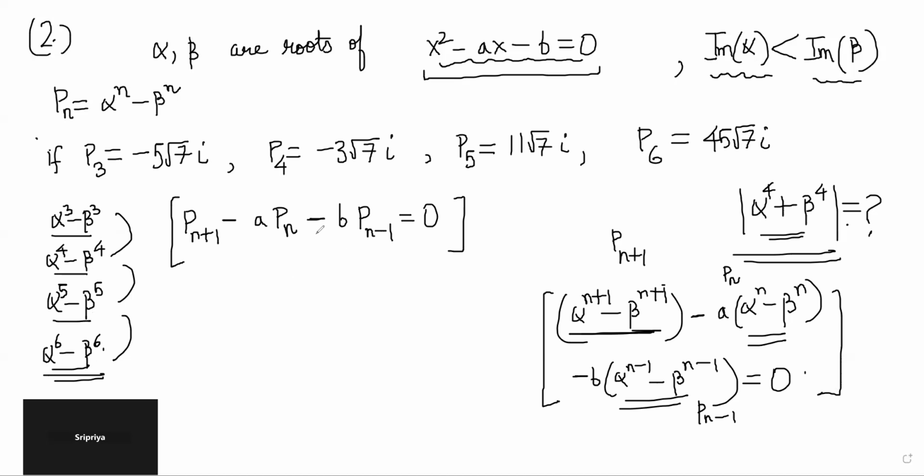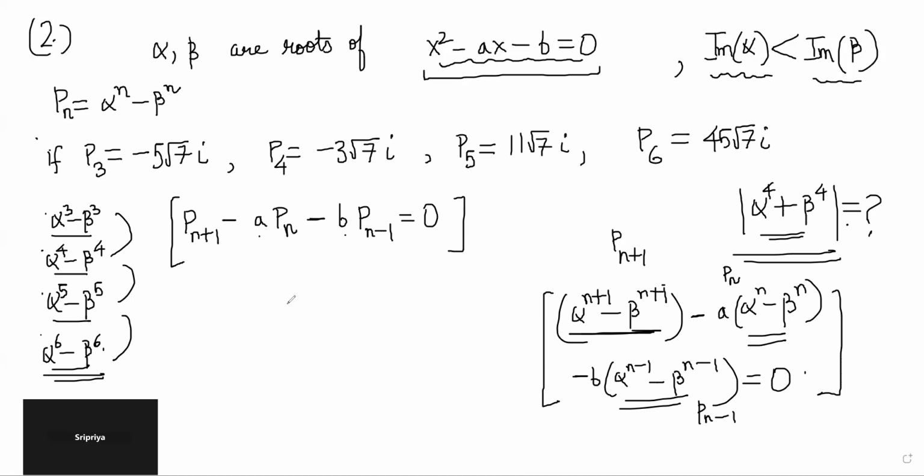This is like the typical reduction formula that you see in integration, where you connect In to In minus 1. They have given you so many data points, so now I can use those data points to find A and B.